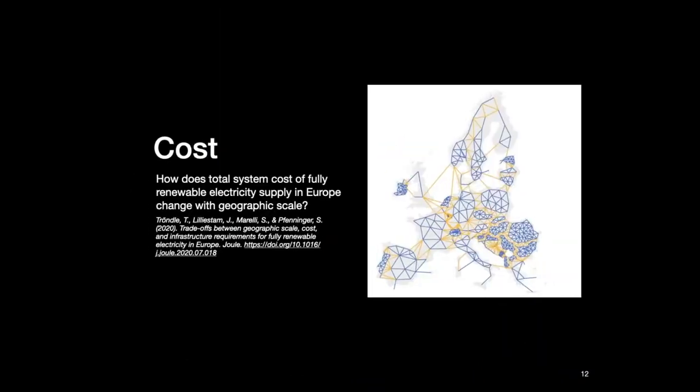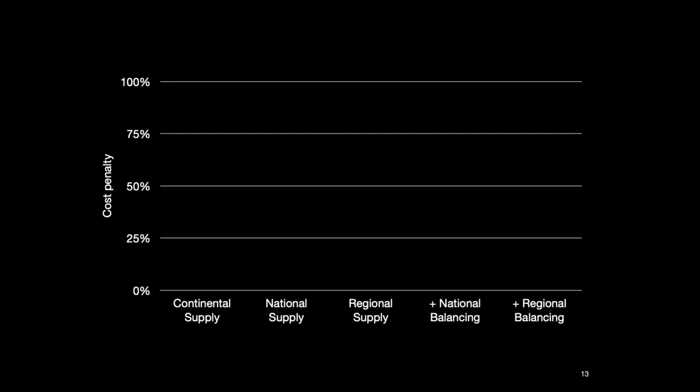Now, a second thing we showed was the cost of self-sufficiency. What would it cost to become self-sufficient in Europe? And what would be the differences on these levels that I was talking about, continental level, country level and regional level? And the results are here. And the first result is actually not very surprising.